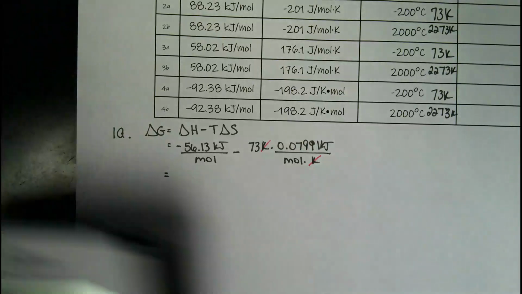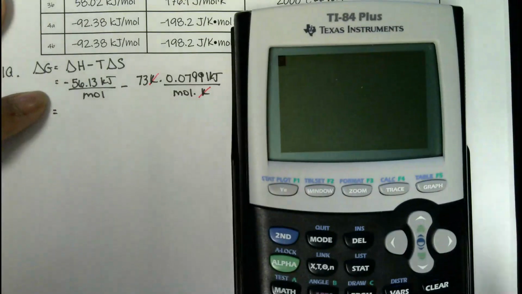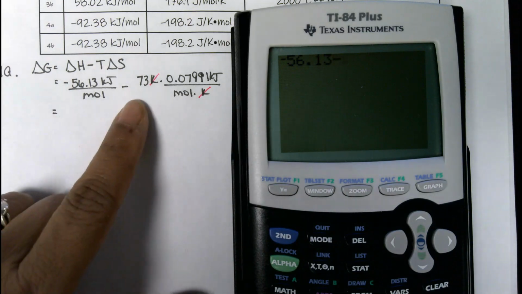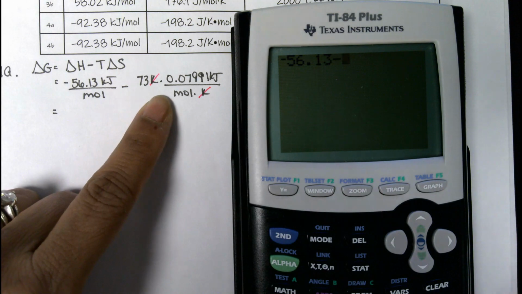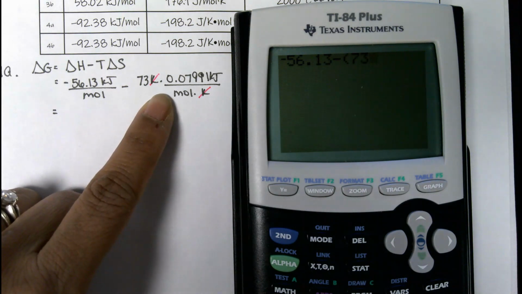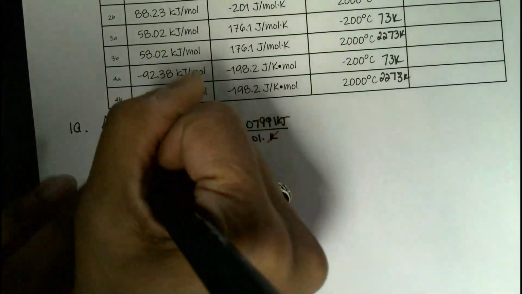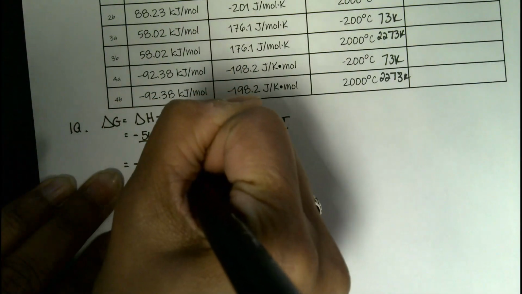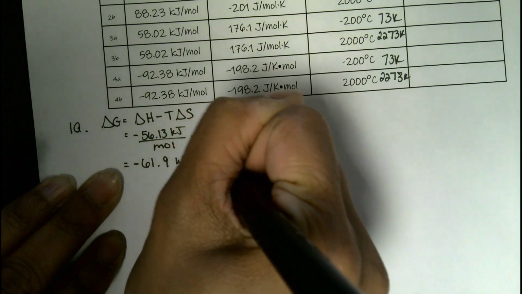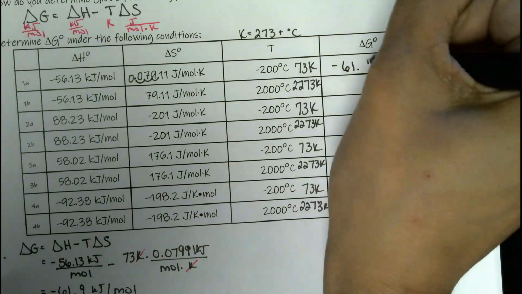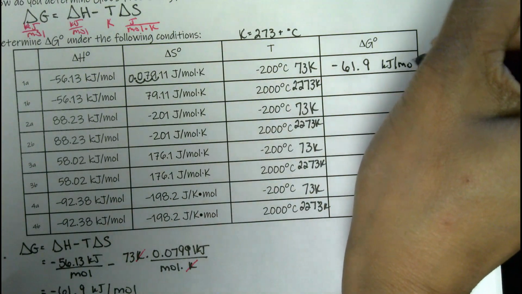So if I put this all in my calculator at one time, I can do negative 56.13 minus the product of, so putting that in parentheses, 73 times 0.07911. And that gives me negative 61.9 kilojoules per mole. So that's what I have over here, negative 61.9 kilojoules per mole.